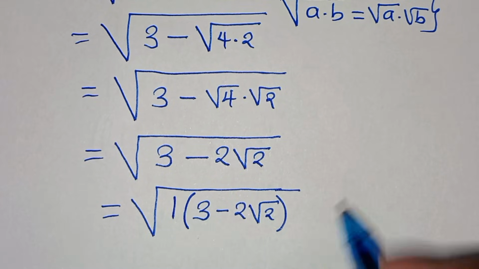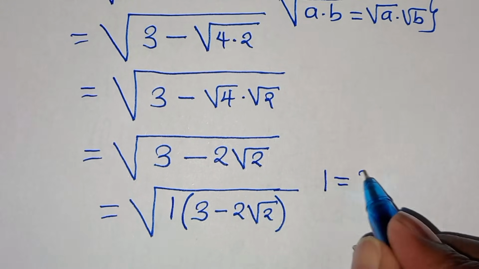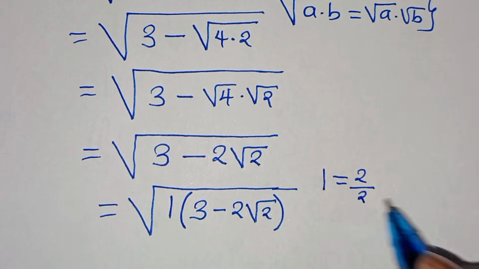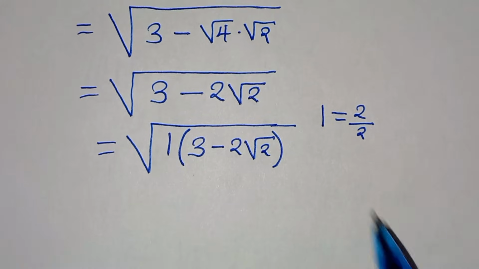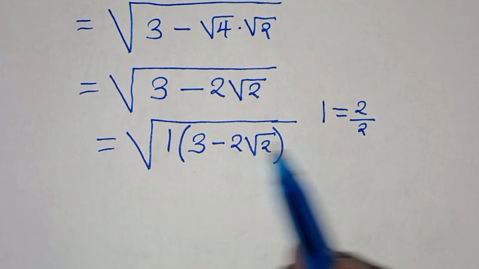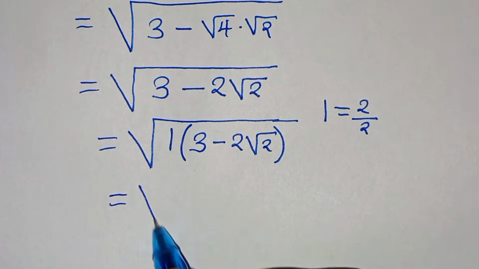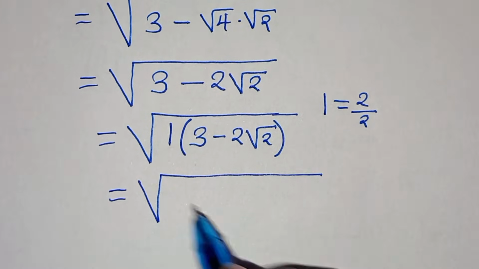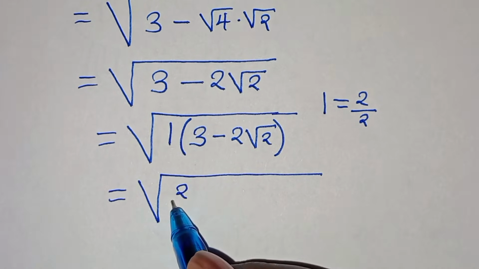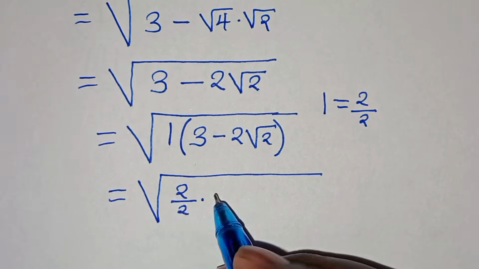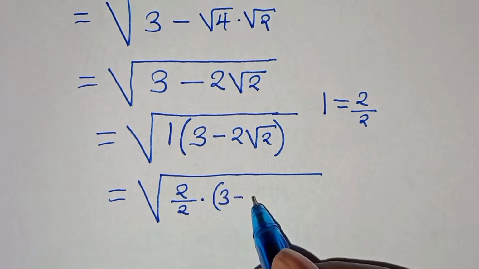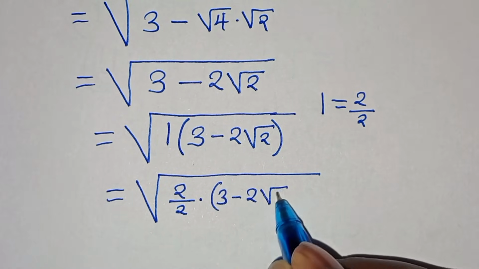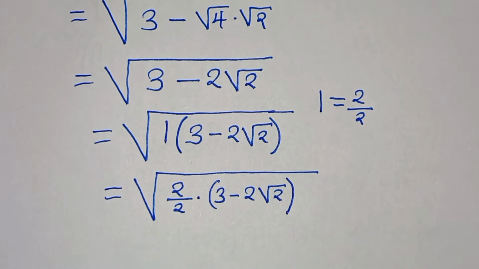Now we can express 1 as 2 divided by 2. Let's substitute 2 over 2 in this expression here. So we have the square root of 2 divided by 2, then multiplied by 3 minus 2 square root of 2, close the parenthesis.